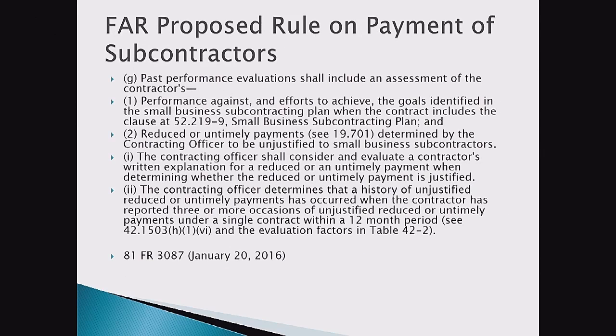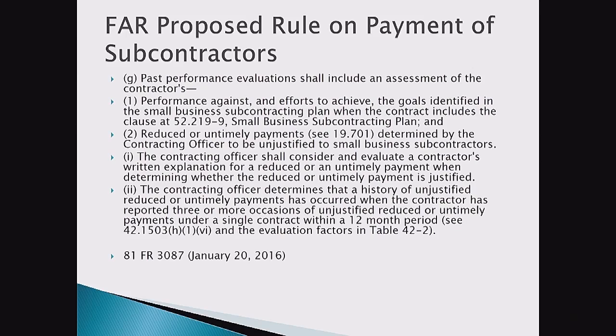So there's been some implementation around FAR changes on subcontracting. This goes back to the Jobs Act of 2010 and SBA's rules on implementing that, which we did probably in 2011 and 2012. They're just now getting into the FAR. This is a proposed rule, and there are some final rules coming up.